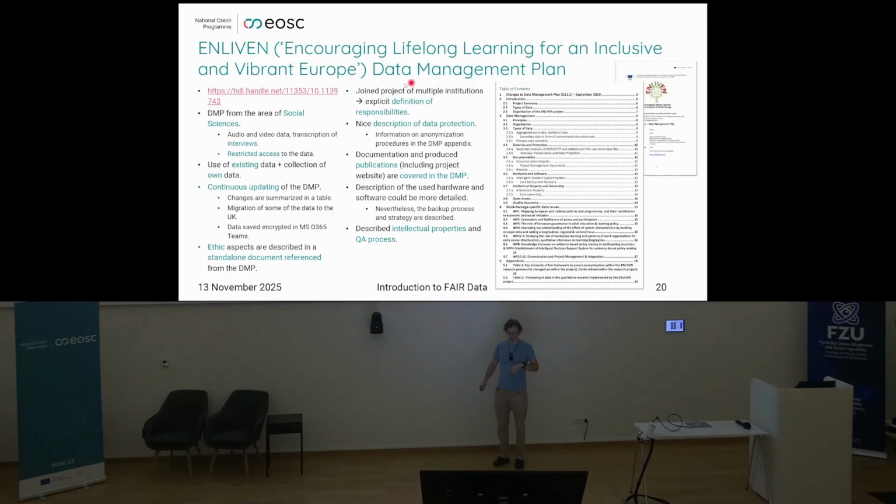It's also a joint project of multiple institutions, and the nice thing in the data management plan is that responsibilities of different institutions are described here, and also there is a description of intellectual property that can be useful if the results are good, and for example some commercialization or patent can be produced after the project.